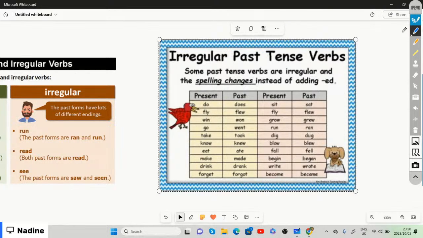All right. So in the present, we have do, something that you're doing now. I do something. But then in the past, the wording changes, and in the past we say did.